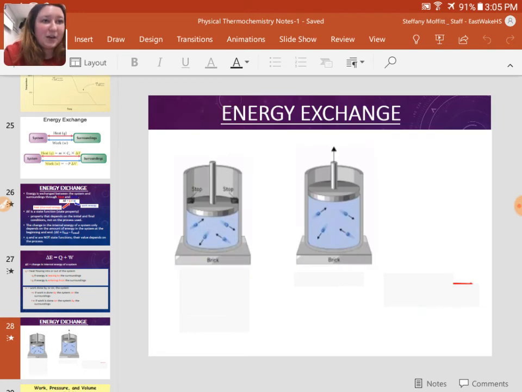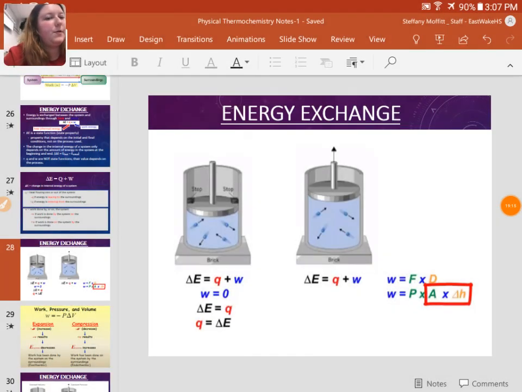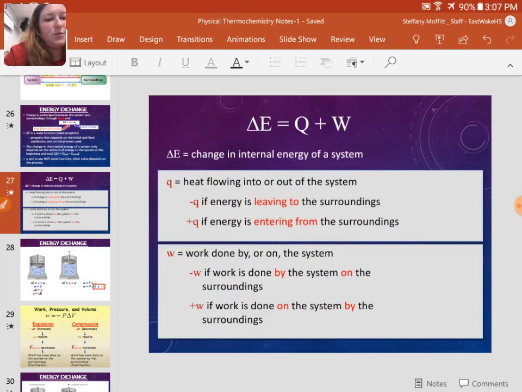So if we look here, energy exchange, I see a system, which is the, I guess, liquid underneath that piston. The surroundings would be what's around it. And I see a pressure decrease. So on the left hand side one, the change in energy, there is no work being done, because work has to do with force and distance.